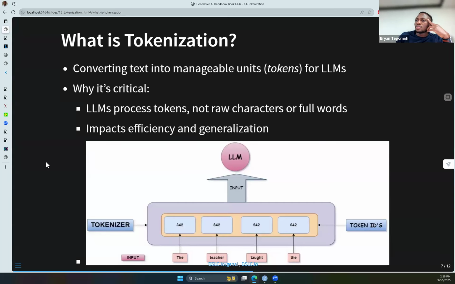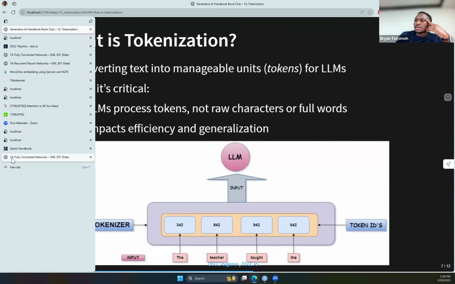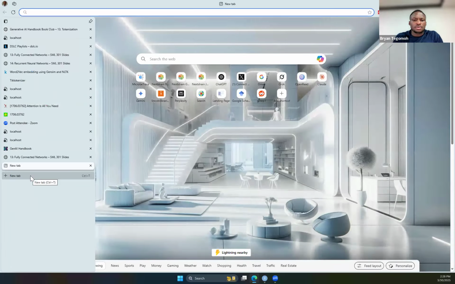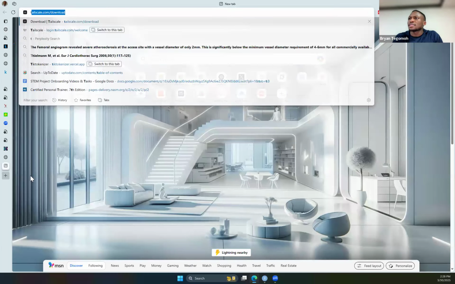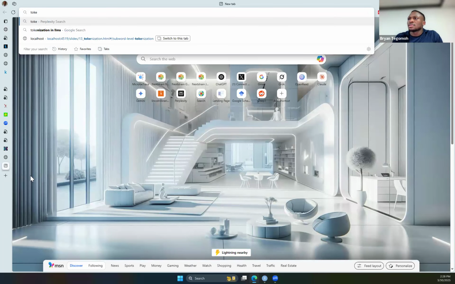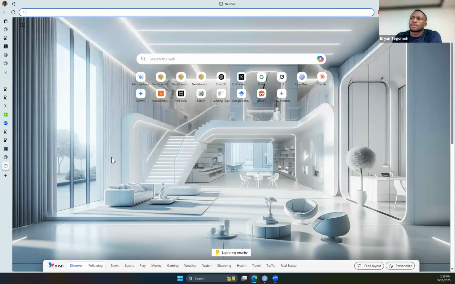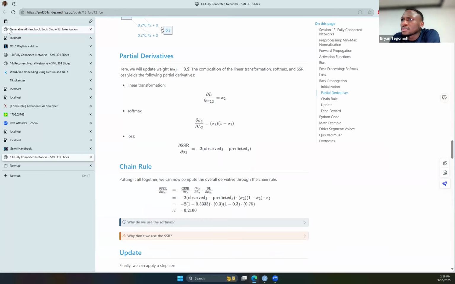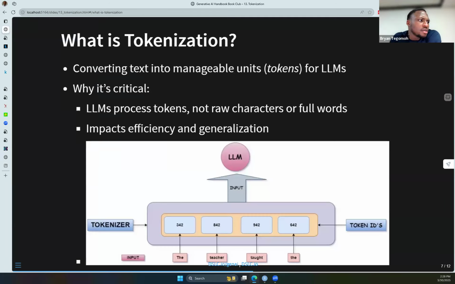I think I saw a website called Tokenizer. I can't recall, let me see if I can find it. I think I had it in one of my bookmarks, I just can't find it.